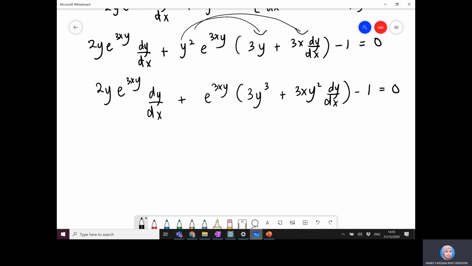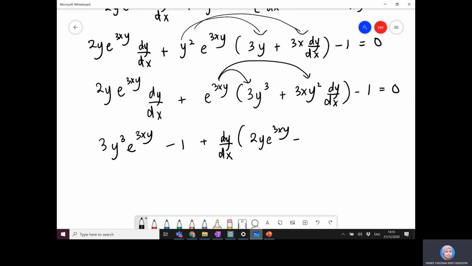So let's do that. You can get 3y cubed e^(3xy), because you're just expanding, and then minus 1 because it's got nothing to do with the dy/dx, and then you factorize the dy/dx, and you get 2y e^(3xy) plus 3xy squared e^(3xy) equals 0.